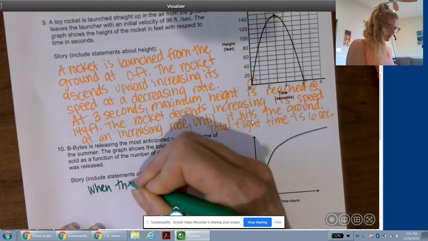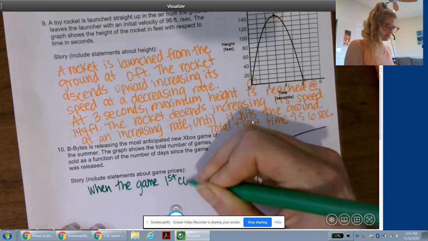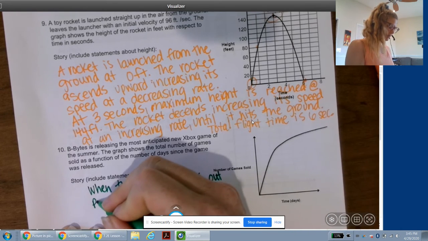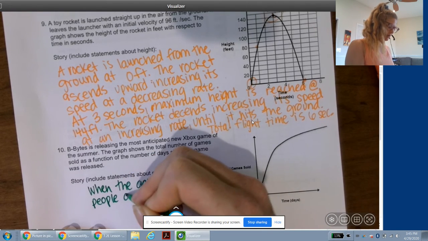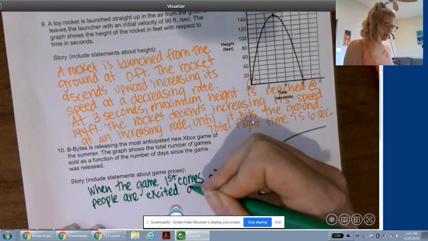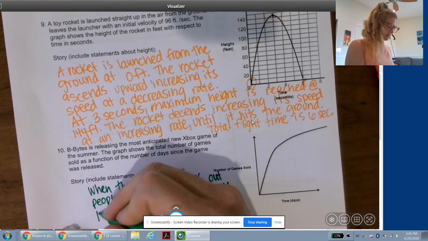When the game first comes out, people are excited and buy lots of games.